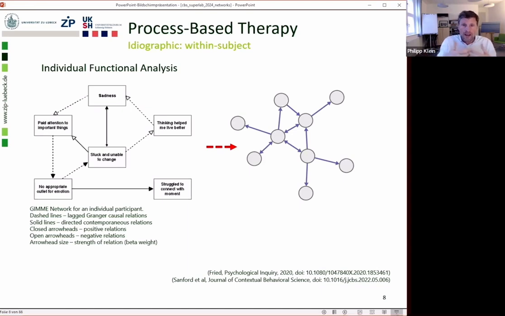And network theory can help us here because you can draw networks that help you understand how these elements in a network interact, where there are feedback loops that can contribute to a given problem.